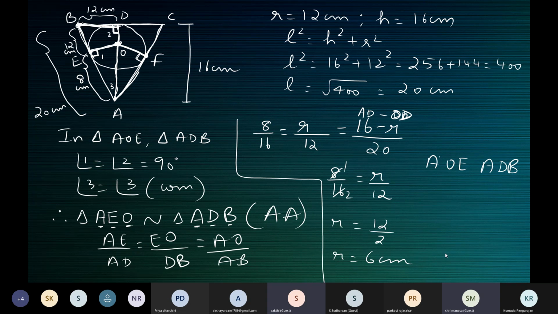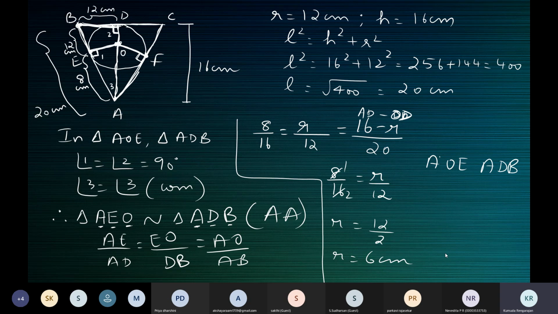Well, we can find it by Pythagoras theorem also. We can find it using trigonometry. We can find it using Pythagoras theorem also. That is, you should take up only triangle AOE. Then apply Pythagoras theorem there.